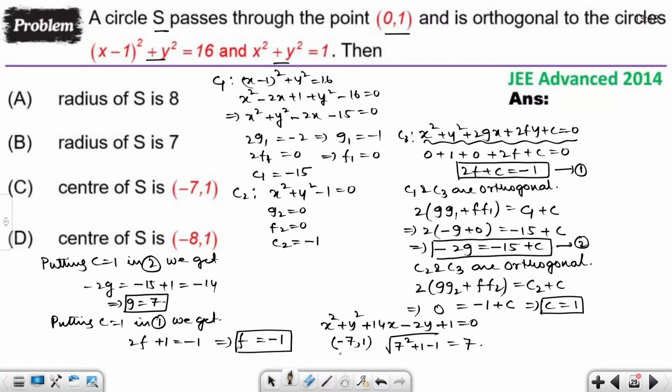Is it clear? Therefore, the center is at (minus 7, 1) and the radius is 7. Hence, options B and C both are correct. Is this concept clear or not? Yes, B and C are the correct answers. I hope you have understood this problem.